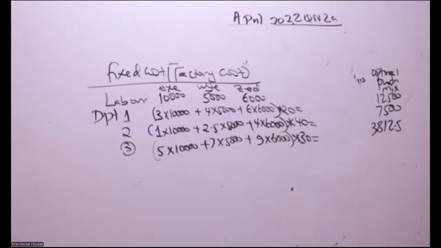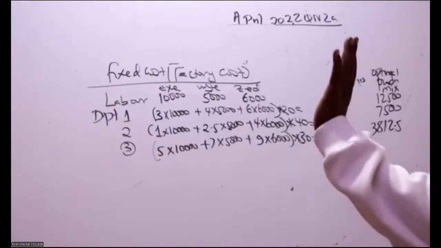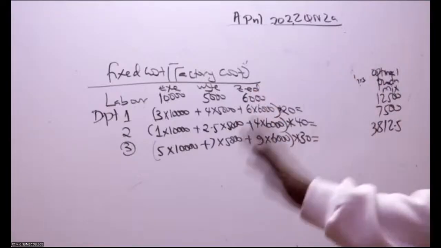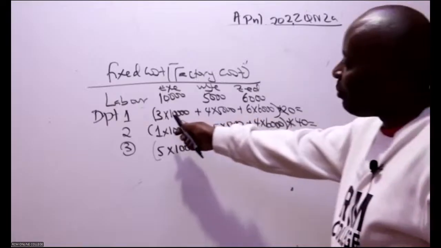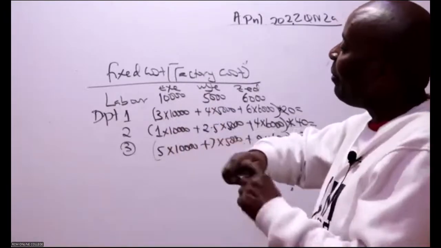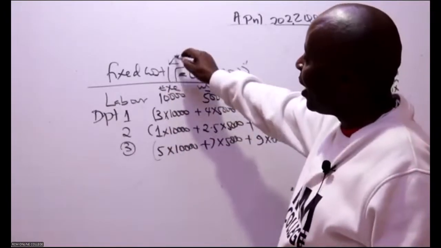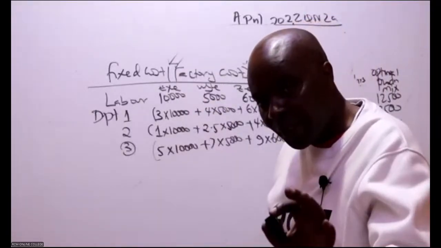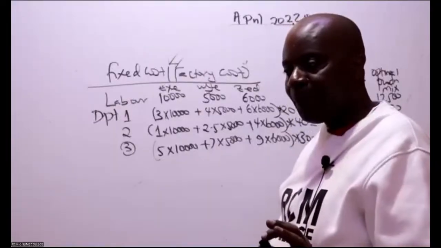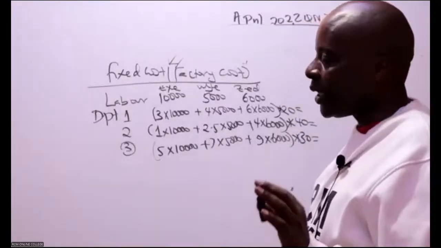Because what I'm doing, I want to get the whole departmental factory labor cost. They've given me the labor hours per unit. And remember that fixed costs, whenever they are not given, shall always be computed using current output.